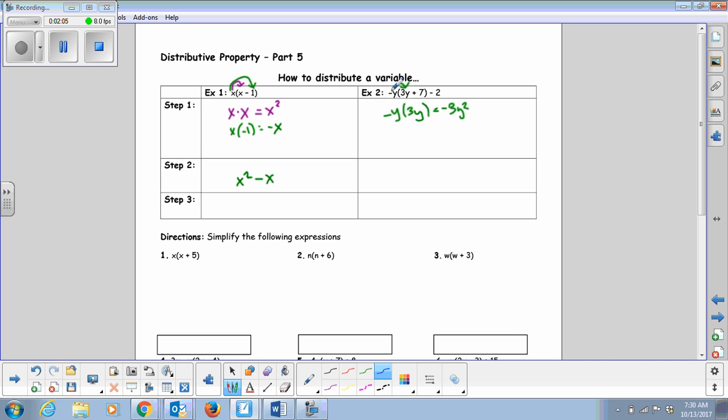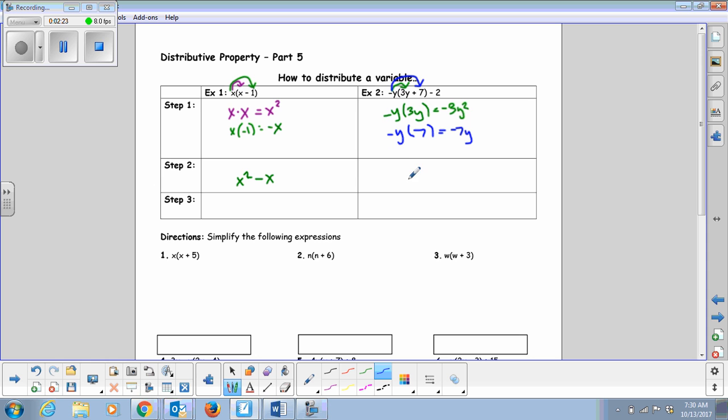Then I'm going to do negative y times 7, because that's my second term in the parentheses. It's positive, so I just need to write 7. And again, negative 1 times 7 is negative 7, and then I've got that y left over.